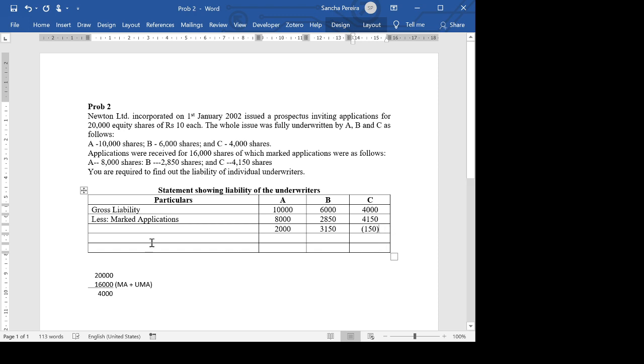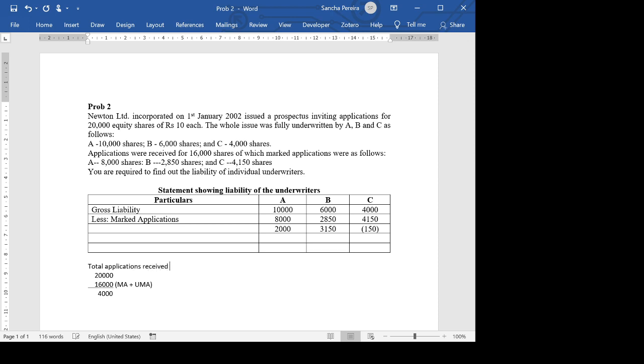Next, I minus out of the marked applications. Now, what happens here is total applications received. Total applications received is equal to 16,000. Now, out of the 16,000, we have marked applications.